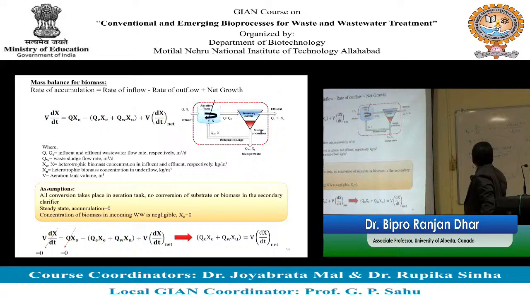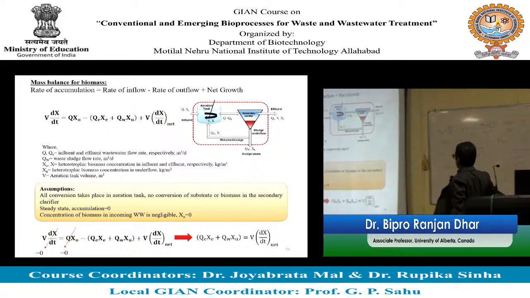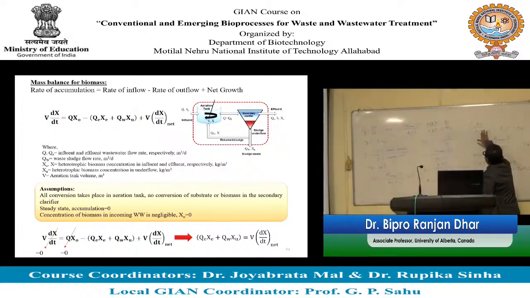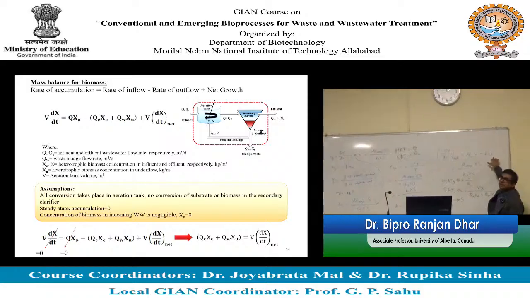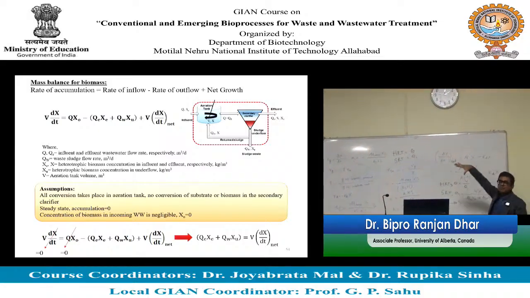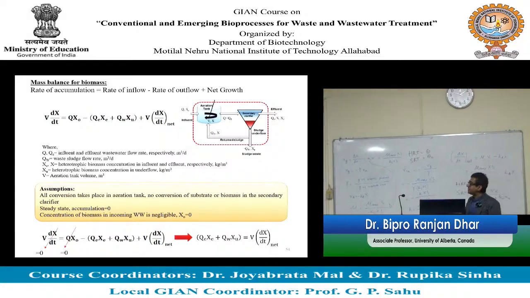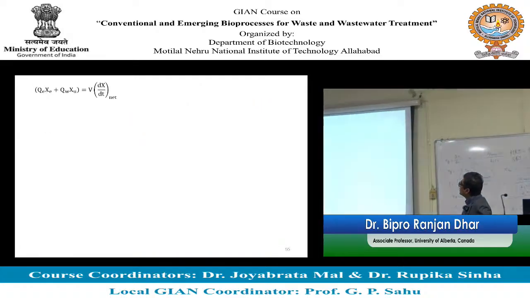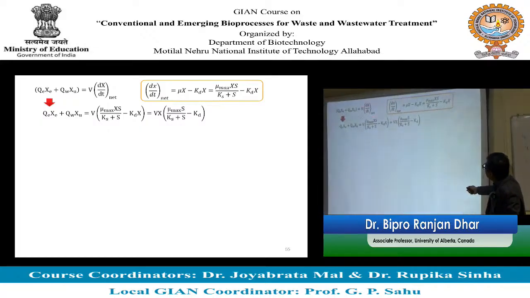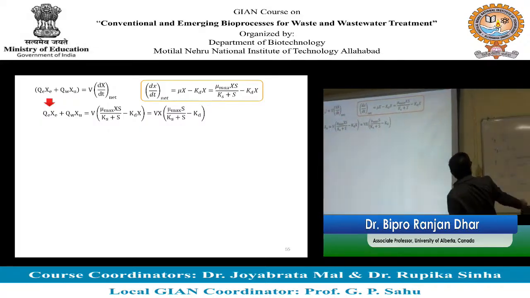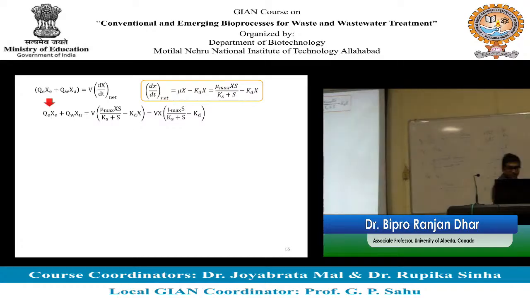So now you can see here, previously I wrote an equation here. Now we are going to use them. So dx by dt net, right? Mu max minus kdx. We already learned in one of the previous slides, okay? So now what I can do, I can replace that part using this equation.